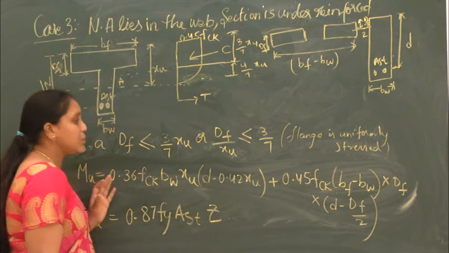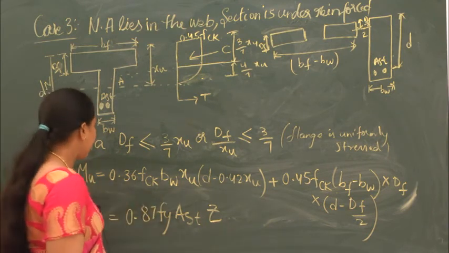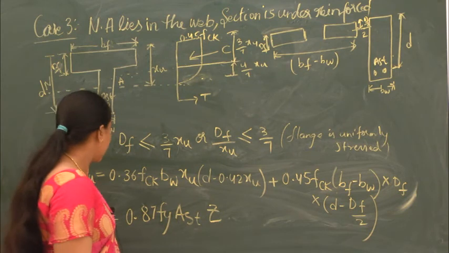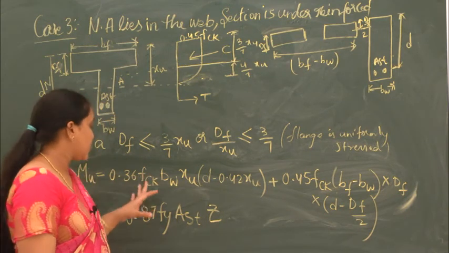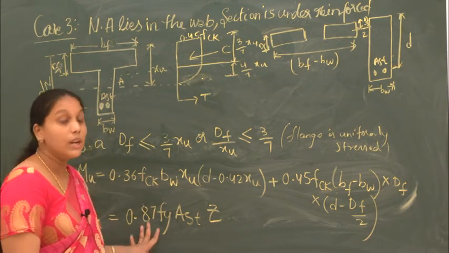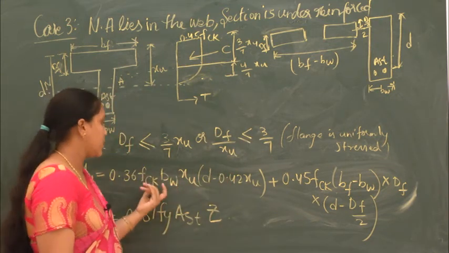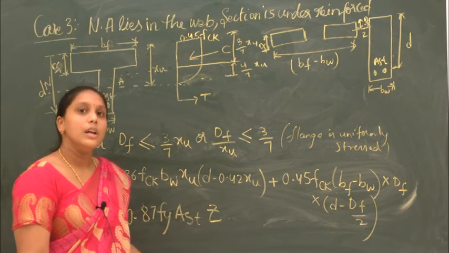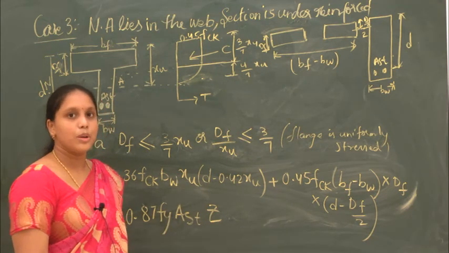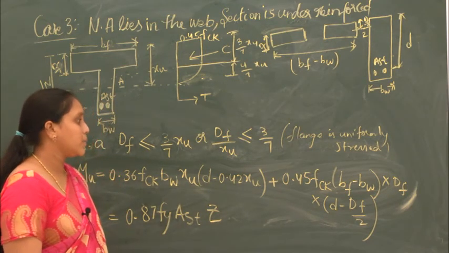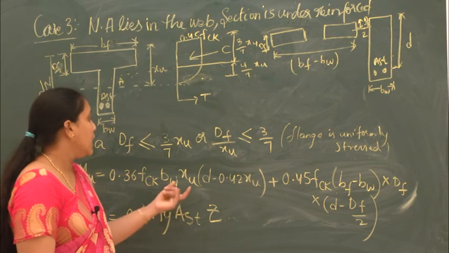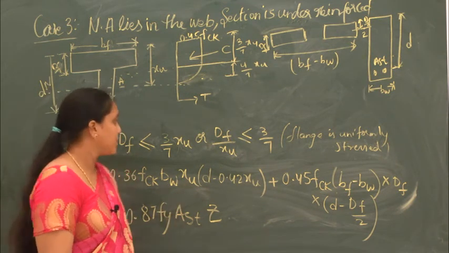So by using these two equations, we can calculate the moment of resistance with respect to concrete as well as with respect to the steel for an under reinforced section. As it is an under reinforced section, everywhere you are going to consider the neutral axis depth itself. XU will be XU. You cannot replace it with the XU limit. Okay, XU will be XU.